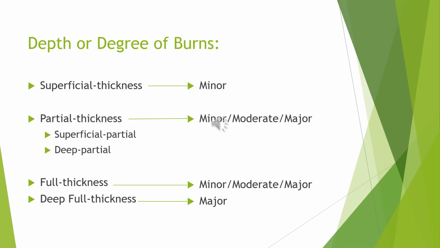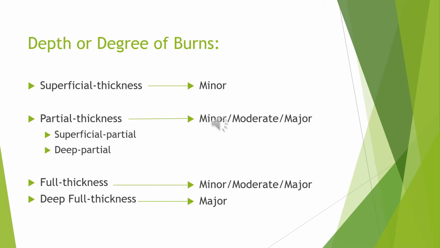Depth or degree of burns are classified as minor, moderate, or major, and then they can even be classified down further as superficial thickness, partial thickness, which has some subcategories underneath it, such as superficial partial and deep partial, full thickness, and then deep full thickness burns. If you look at page 483 in your book, there's a nice little table, 26.2, that breaks this down, and you're probably wondering why some of them have minor, moderate, and major written on them, such as the partial thickness.